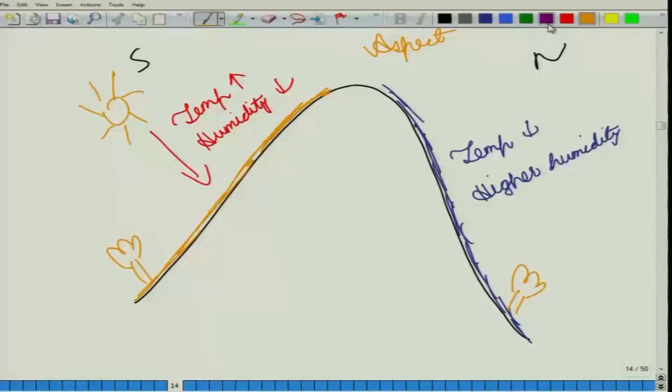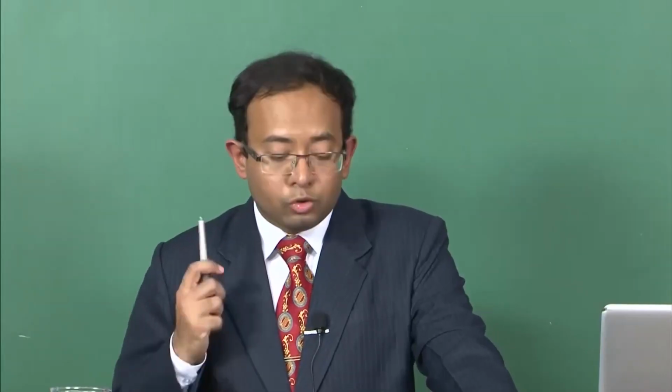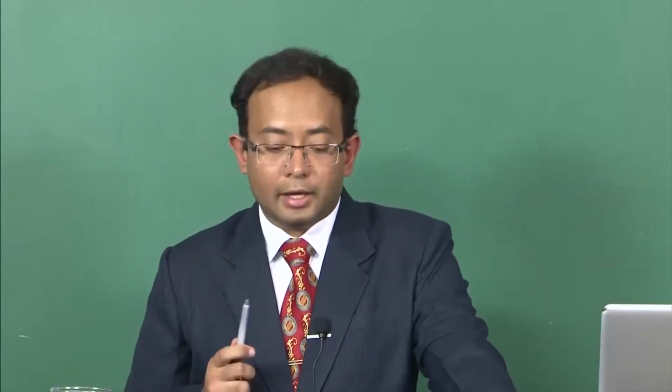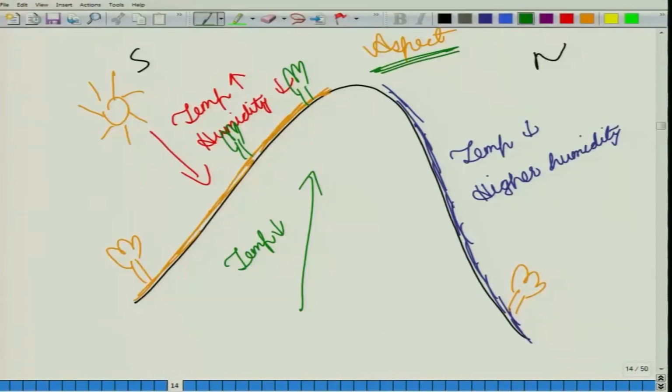A tree growing here might be very different from a tree growing here, might be very different from a tree growing here, because as we go up in height, the temperature is reducing. At the same time, the amount of wind pressure that these trees will face might also vary according to the height. So, our volume tables are not taking care of the aspect of the site and also the altitude of the site.